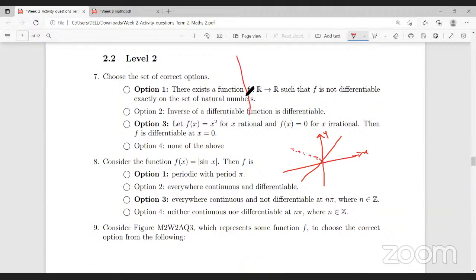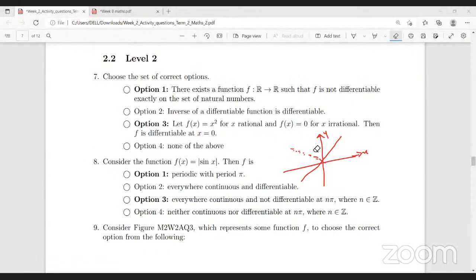So what is the graph of sine x? Just one minute, I will share it again. It is a sinusoidal curve.